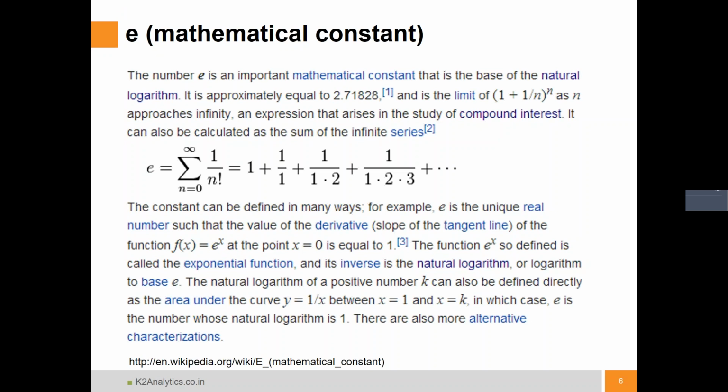E is basically a mathematical constant that is the base of natural logarithm, and its value has been found to be equal to 2.71828. How has this value been found?